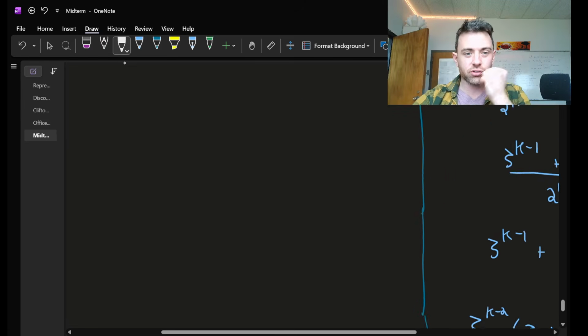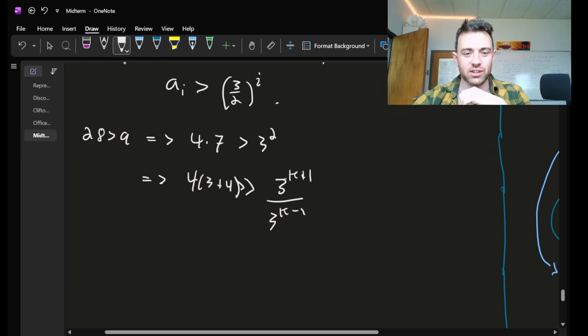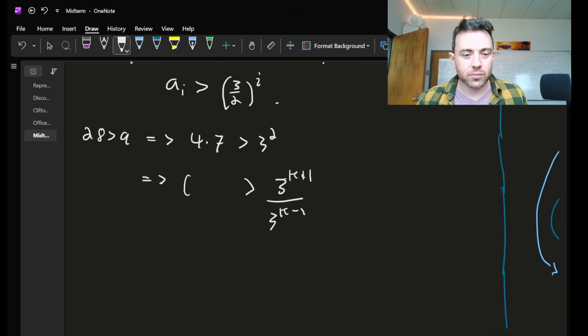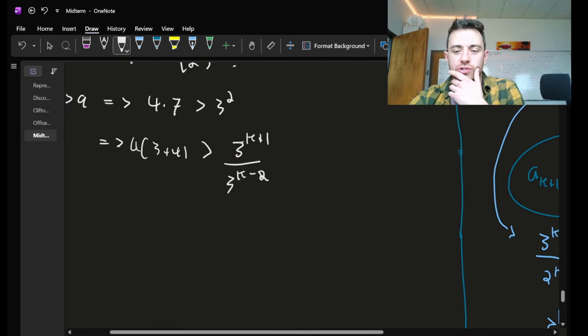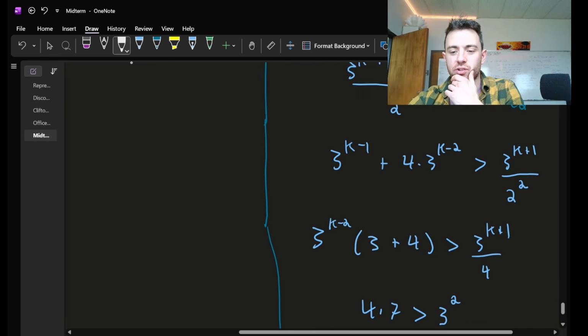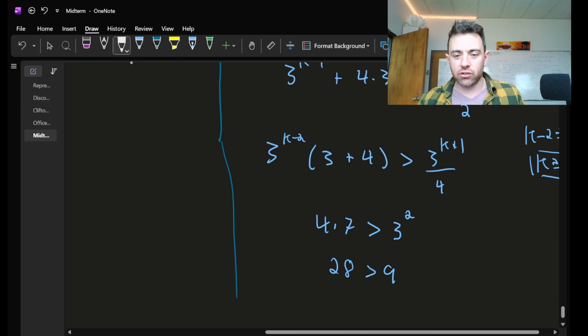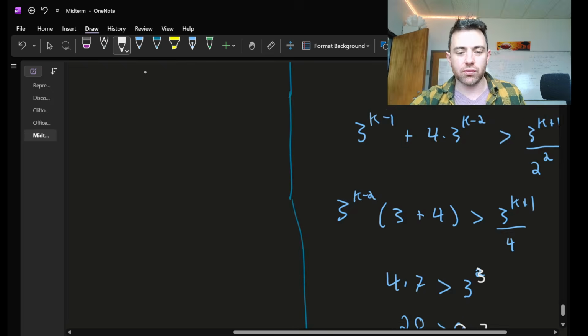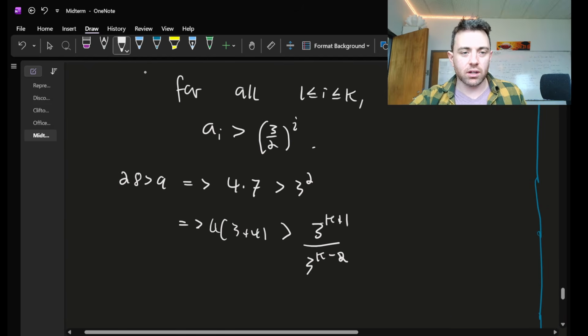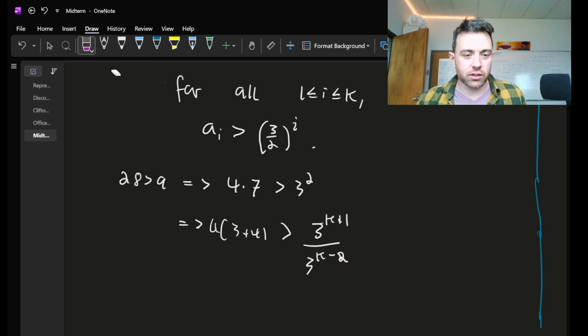I'll leave this in because this is realistically how these things go, isn't it? 4 times 3 plus 4. Because this is a minus 2, and so that's a 3, and then that's going to be a 3 squared. It's okay because it's 27. Right, sorry, this should have been a 3 to the power of 3, which is okay because this is a 27. Right, okay. We were able to save it quick there.